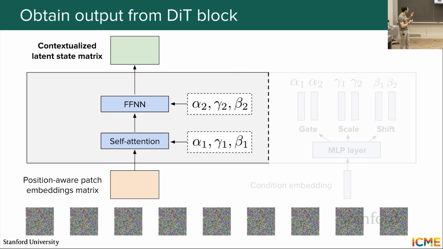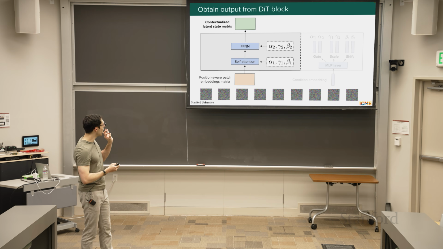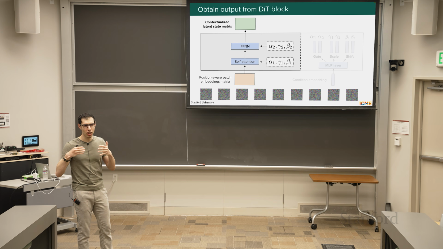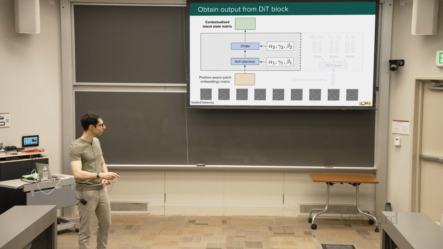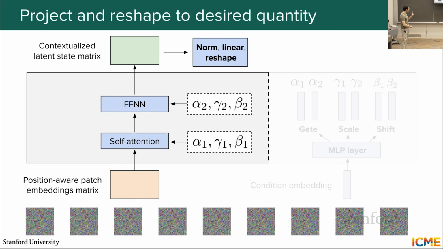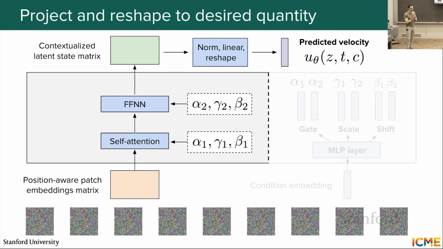So that's why I'm saying it's contextualized. It's because it's in the context of the other patch embeddings. But now what you want is to have a prediction that matches the input shape. So what you do is you perform some normalization, some linear operation, reshaping in order to have your prediction, which is the predicted velocity of your input z at time t with condition c.